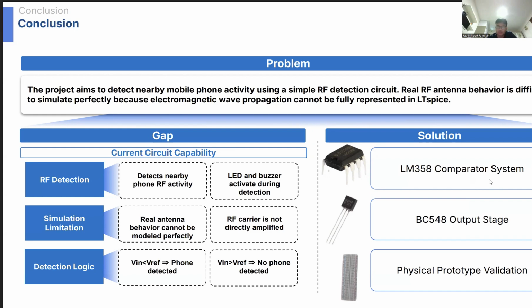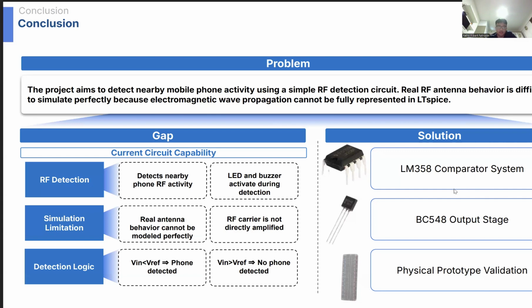In real RF antenna behavior, it's actually quite different, because electromagnetic wave propagation cannot be fully represented in LT-SPICE, but we can still use the logic in LT-SPICE and Proteus so that it can mimic the real circuit.